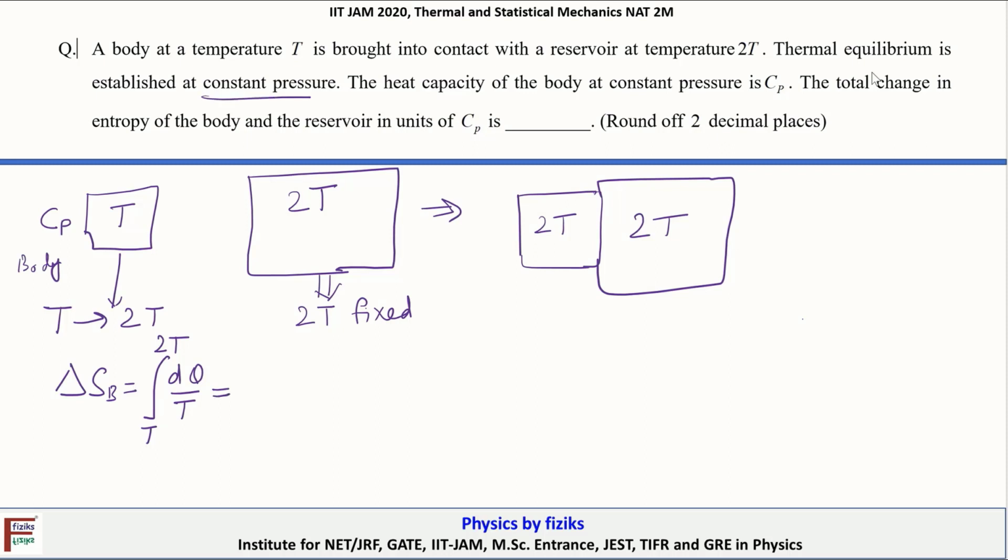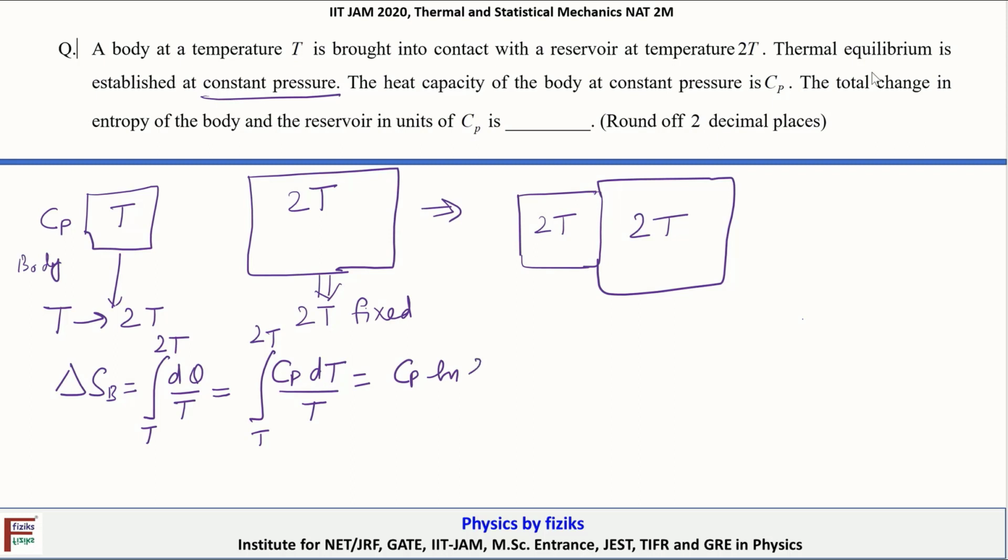So this is further equal to the integral of Cp dT upon T, from T to 2T. This comes out to be equal to Cp outside because it's constant, times the logarithm of temperature, with the limits of integration going from T to 2T.